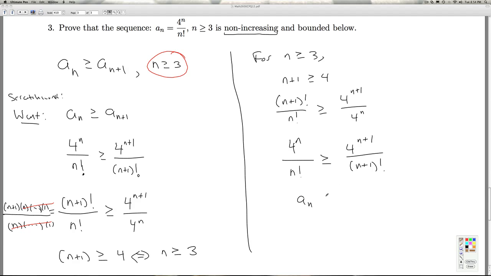That's what I'm calling a_n, and that's a_{n+1}, and that's exactly what I needed to show. So hence, the sequence a_n from n equals 3 to infinity is non-increasing.